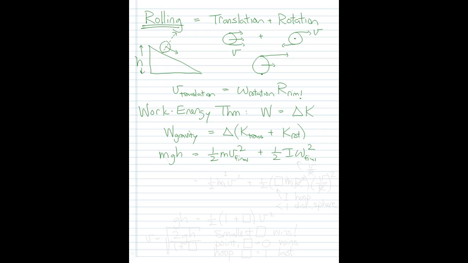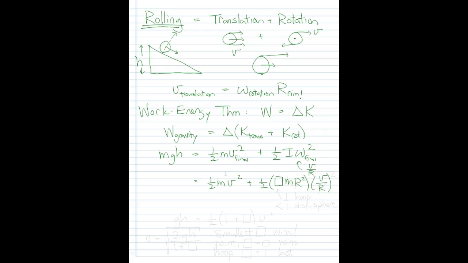So in fact, instead of omega, we can put v divided by r. So we'll simplify this: 1/2 m v squared plus 1/2, and I is some number times m r squared. And then omega is v over r.